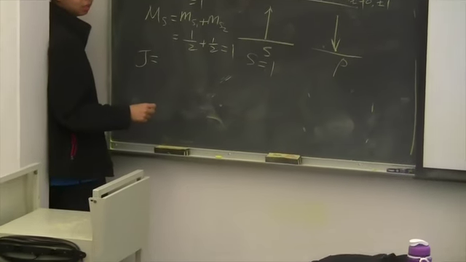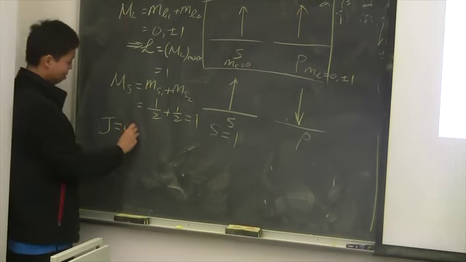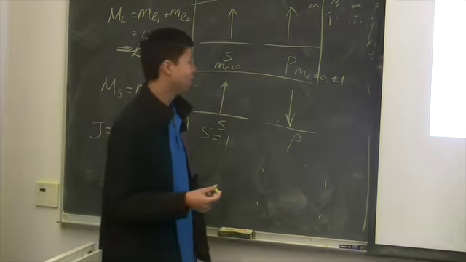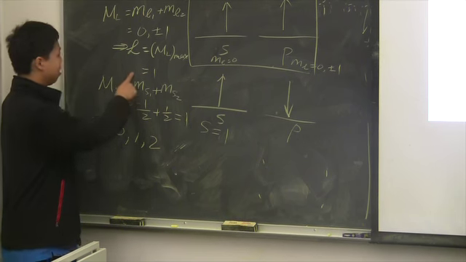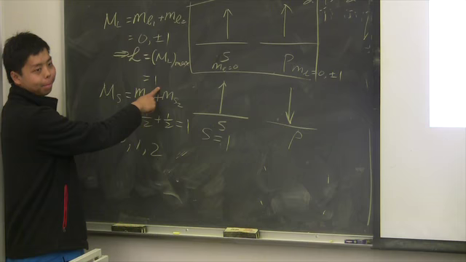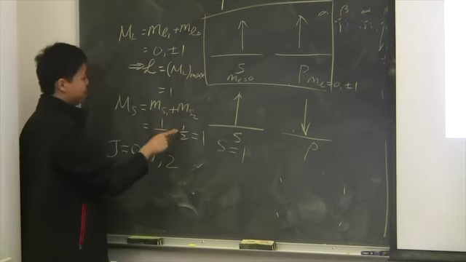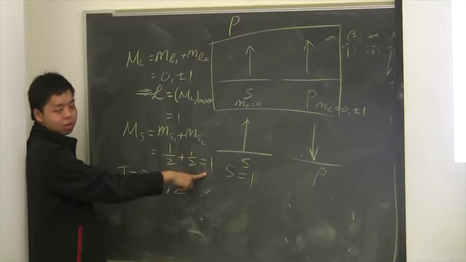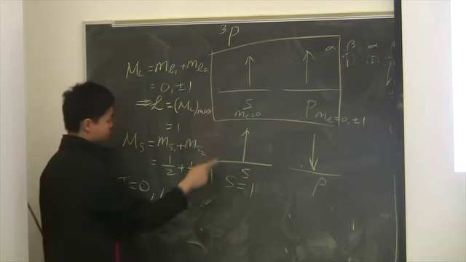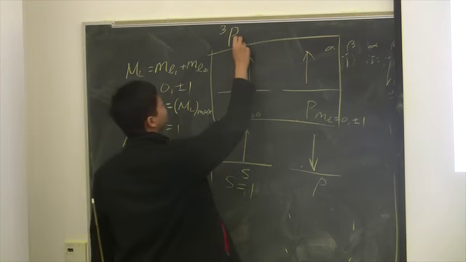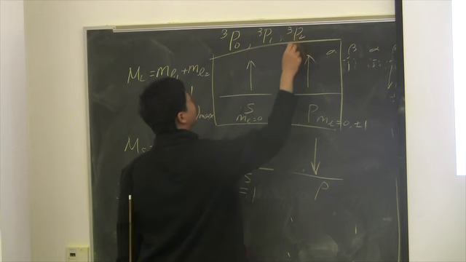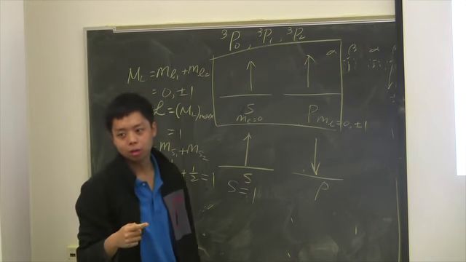J equals 0, 1, 2. So what is the term symbol? L equals 1 is what letter? P. The spin multiplicity, 2S plus 1, equals 3. J values 0, 1, 2. That's the term symbol for this group.